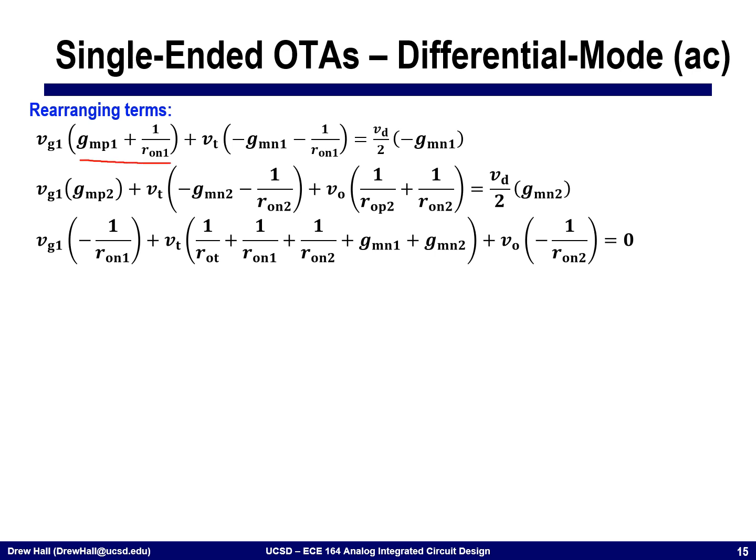When I have a term here that's GMP plus 1 over R naught, it's the equivalent of me drawing a circuit where it's diode connected.